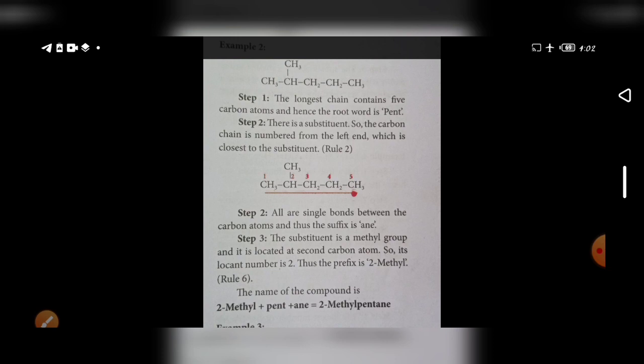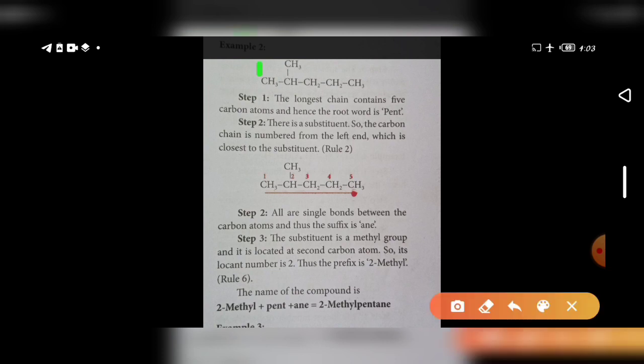So first step, you have to identify how many carbons are there in the long chain. So in the second step, long chain, how many carbons are there? See here, first carbon, second carbon, third carbon, fourth carbon, and this one is the fifth carbon.